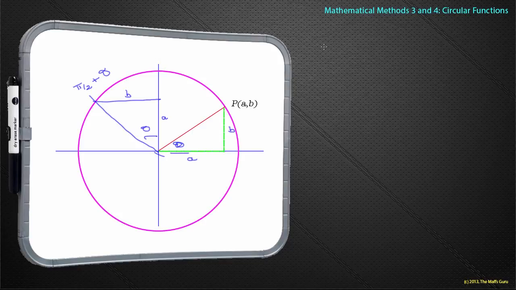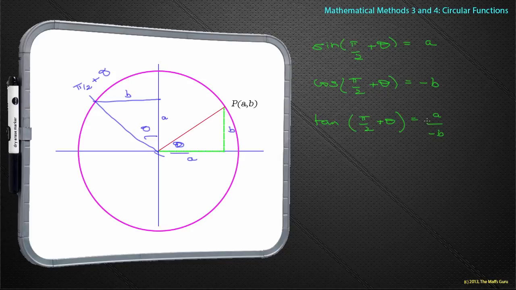So the sine of pi on 2 plus theta must be equal to A, and the cosine of pi on 2 plus theta would be equal to negative B, and the tan of pi on 2 plus theta would be equal to A over negative B.